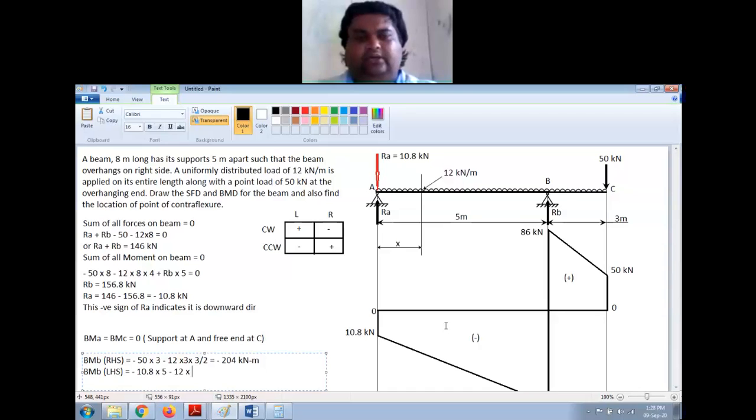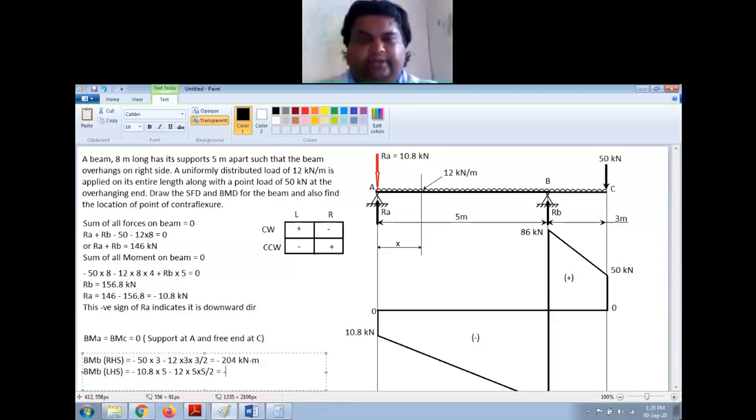Again minus because this force is also downwards. So it is 12 into, instead of 3 here, it will be 5. 5 into 5 by 2.